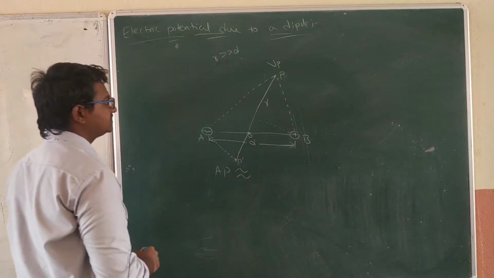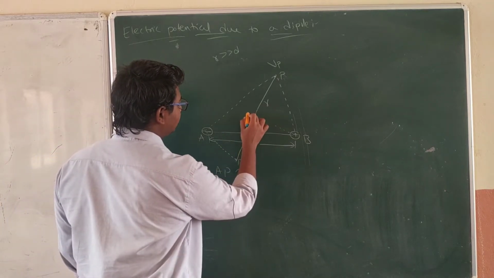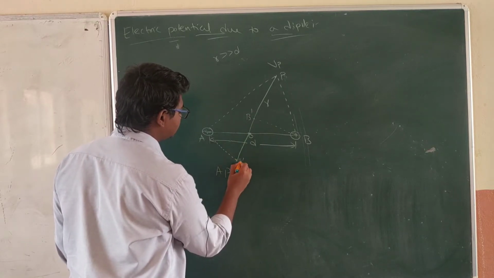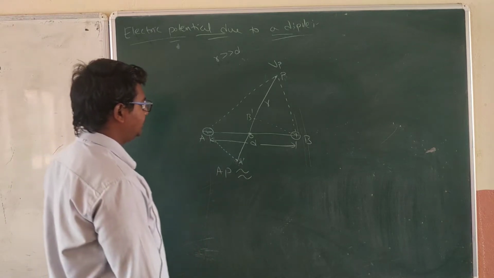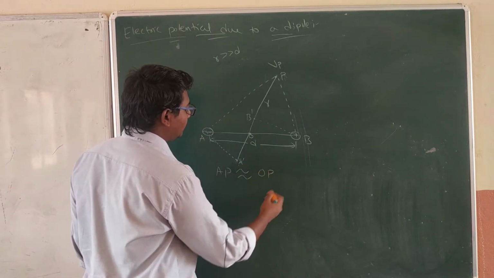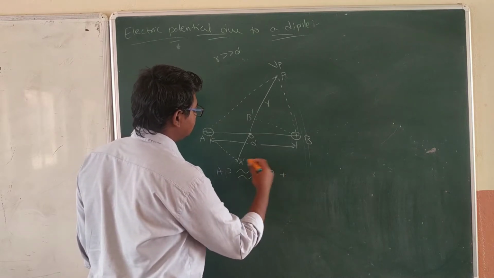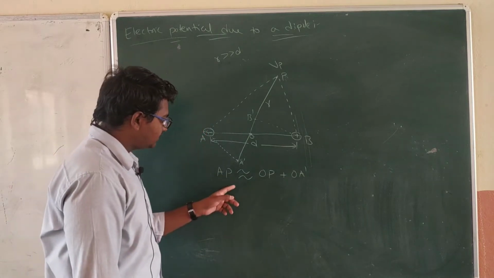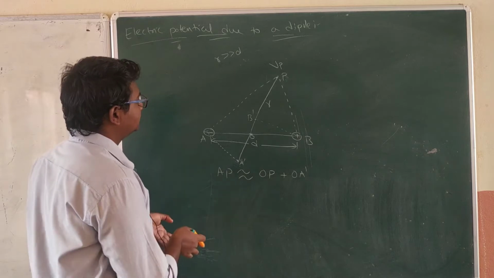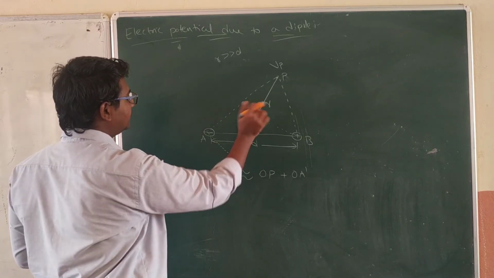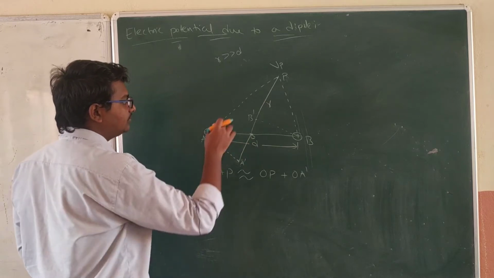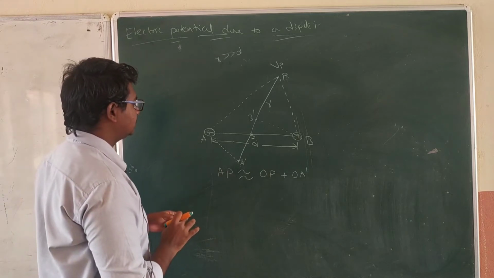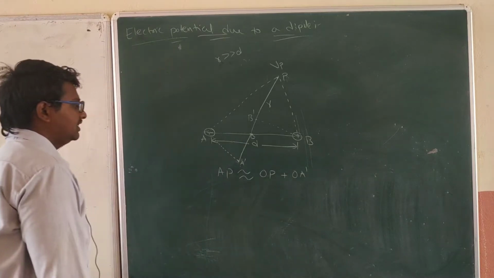I will consider this point as P dash, and this as B dash, or else this one let's take A dash and B dash. AP is similar to OP plus OA dash. Why? Because R value is very much greater than D value. It means when compared to R, this length is negligible. That is the reason we can consider OP plus OA dash.